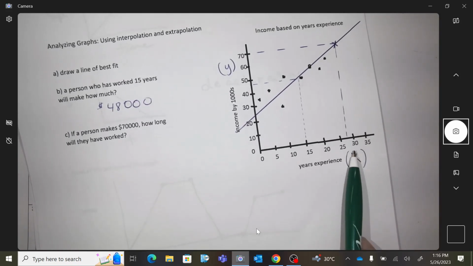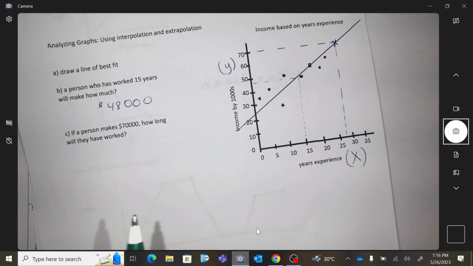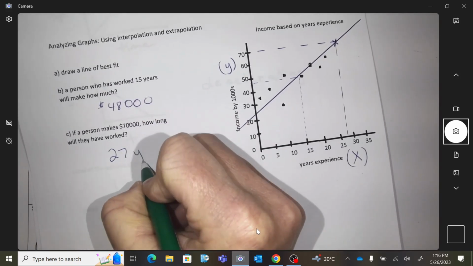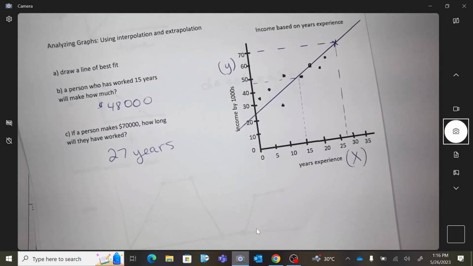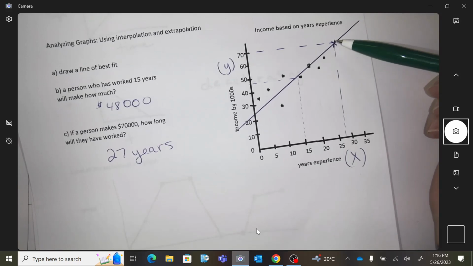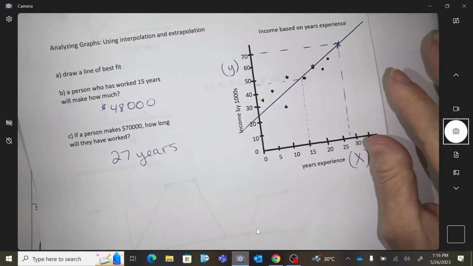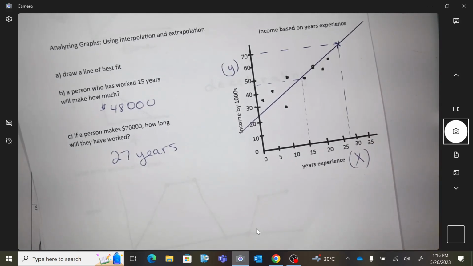I would estimate if you're going to make 70,000, it's because you have 27 years experience, and yours might be a little bit off mine, and that's fine. That was called extrapolation, and the reason is because where I landed is outside where my data was. So inside your data, it's called interpolation, and outside is extrapolation.